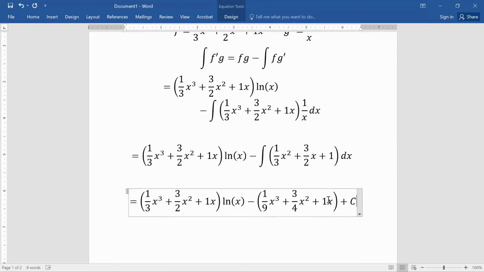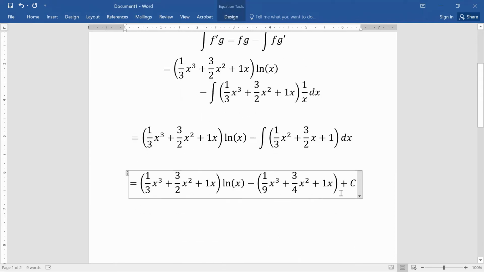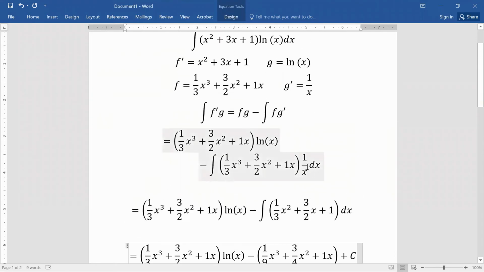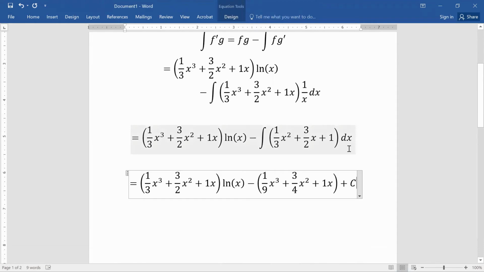And just a note for Moodle, tack it on the outside of parentheses if you ever tack on the plus c. This is how integration by parts works with the natural log. When we have natural log, we let that be our g. Our g prime becomes 1 over x. And then the nice thing happens where 1 over x distributes into another polynomial, and we can integrate that using the basic rules.